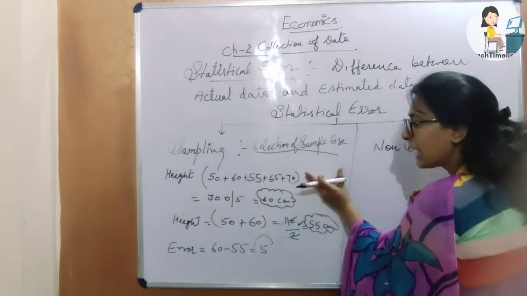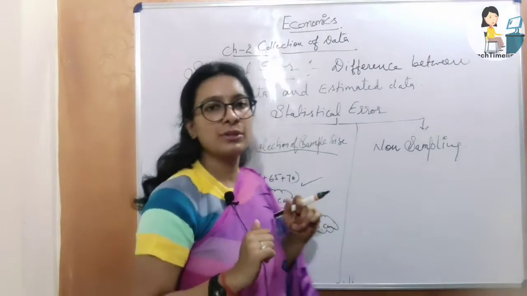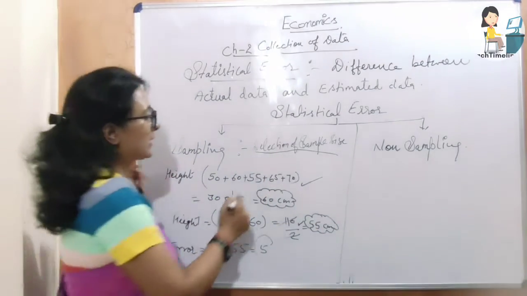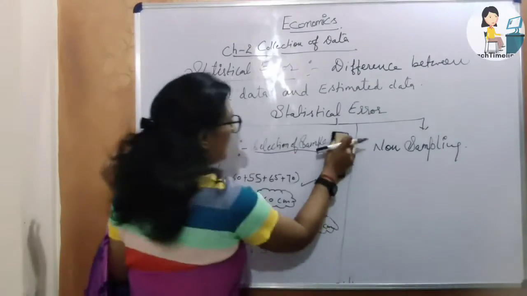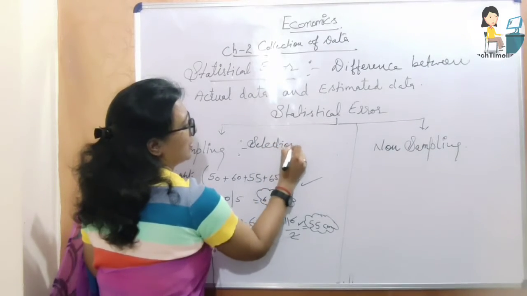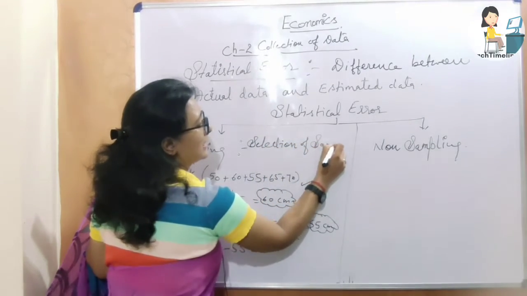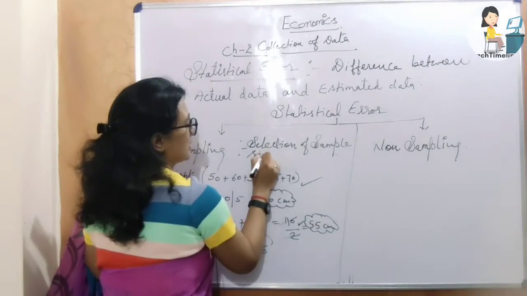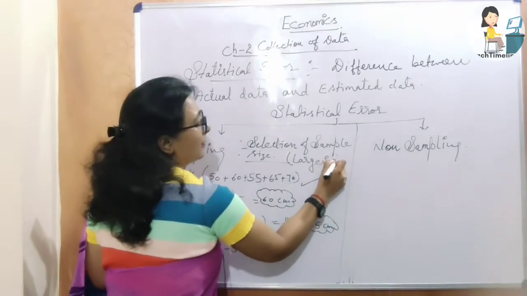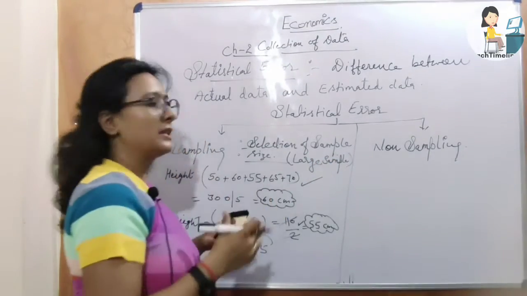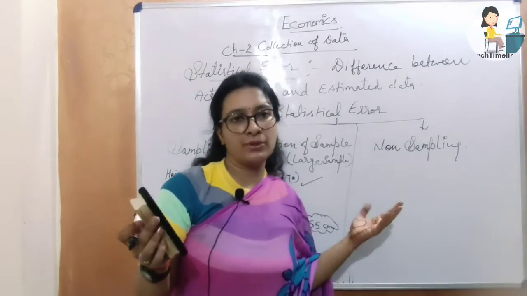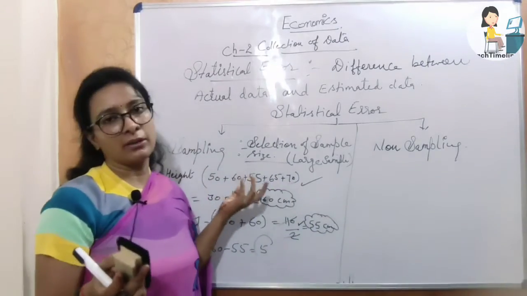If I take a large sample, the error can be reduced. The maximum number will be involved and the average will be good. The sampling error can be reduced by taking a large sample. A large number of samples should be included for conducting the research.